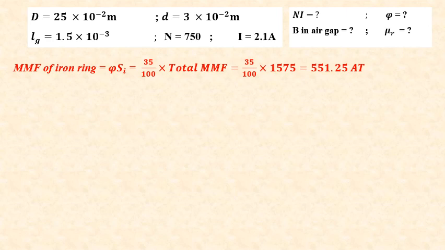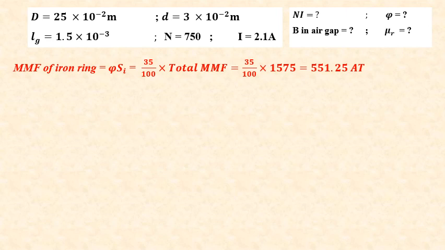Since we know the total MMF as well as MMF of iron ring, we can find the MMF of air gap, that is phi into Sg, equal to total MMF minus MMF of iron ring, that is 1023.75 ampere turns.